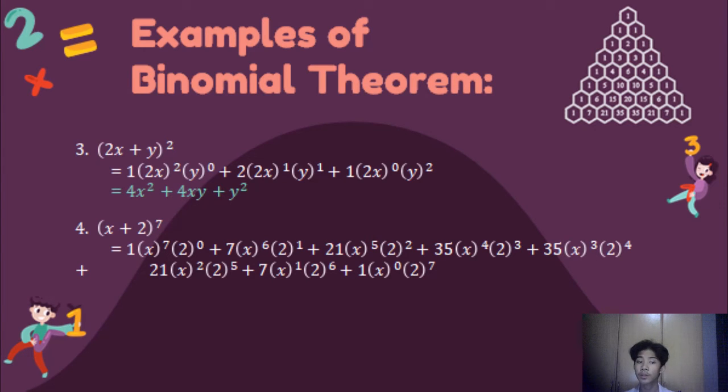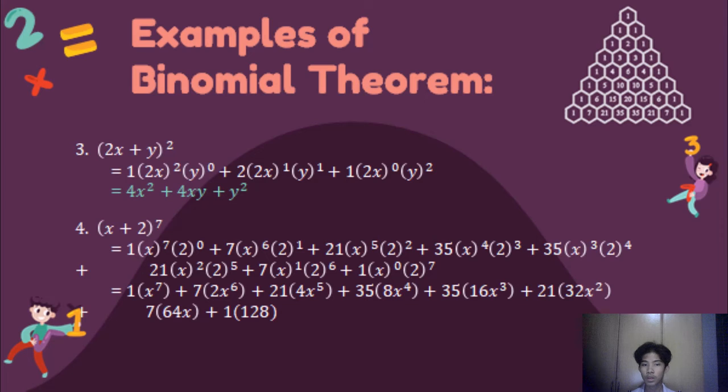So we'll have 1 quantity x raised to 7 times 2 raised to 0 plus 7 quantity x raised to 6 times 2 raised to 1 plus 21 quantity x raised to 5 times 2 raised to 2 plus 35 quantity x raised to 4 times 2 raised to 3 plus 35 quantity x raised to 3 times 2 raised to 4 plus 21 quantity x raised to 2 times 2 raised to 5 plus 7 quantity x raised to 1 times 2 raised to 6 plus 1 quantity x raised to 0 times 2 raised to 7.